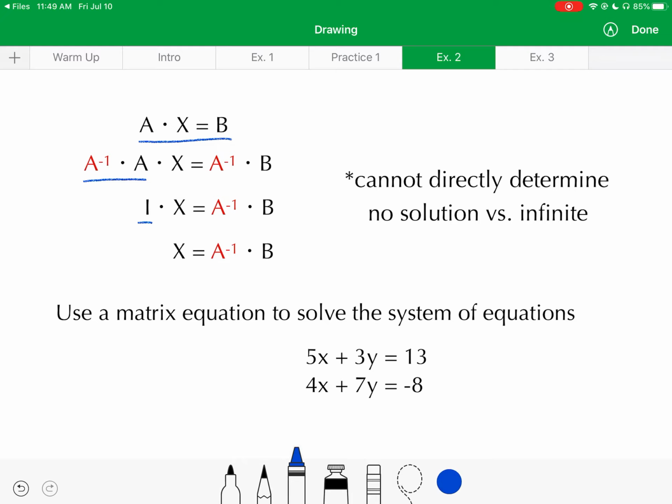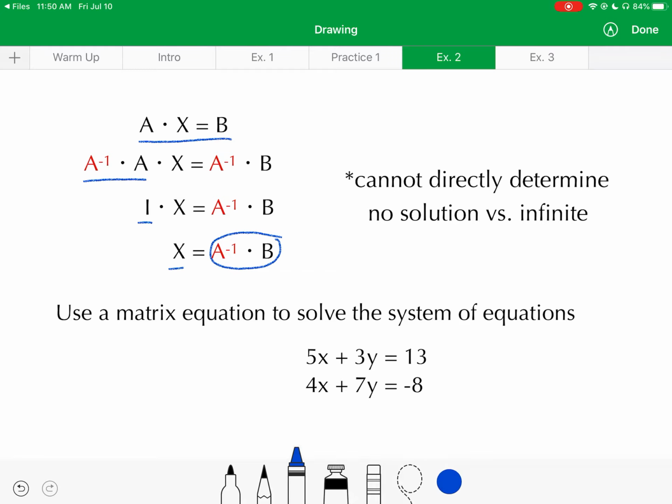And we know that the identity matrix multiplied by the variable matrix is simply just going to give you the variable matrix, right? So ultimately, in order to solve the matrix equation, I only need to take my constant matrix, which is matrix B, and multiply it by the inverse of the coefficient matrix.